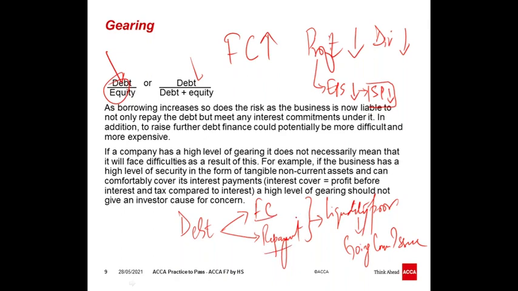You have to pay the fixed cost, finance cost, and the loan amount, and if you don't have sufficient cash flow to pay off your debts, then it will affect the going concern of the business if things go worse.